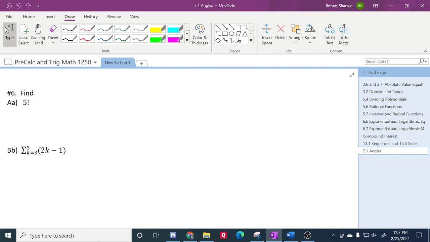And then this summation notation. Okay, 30 seconds more.